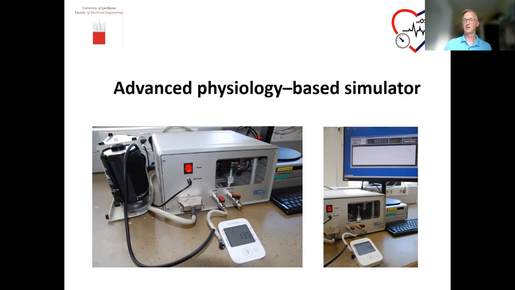And at the same time, we also have mercury and glass reference values of their blood pressure. And so basically, this advanced simulator is like a commercial simulator, but it does not have artificial signals.